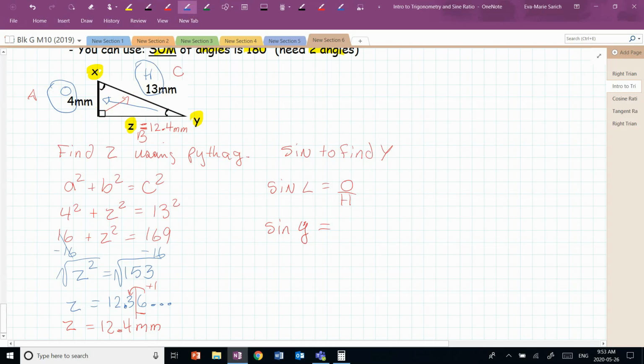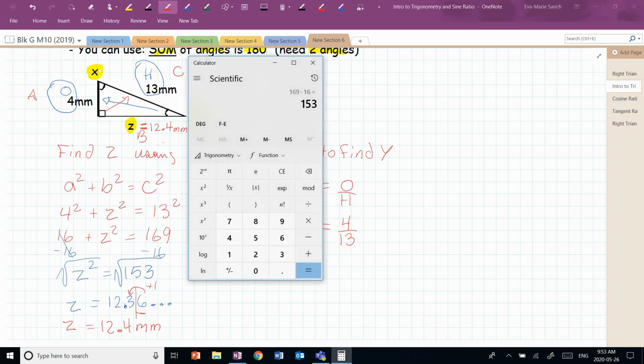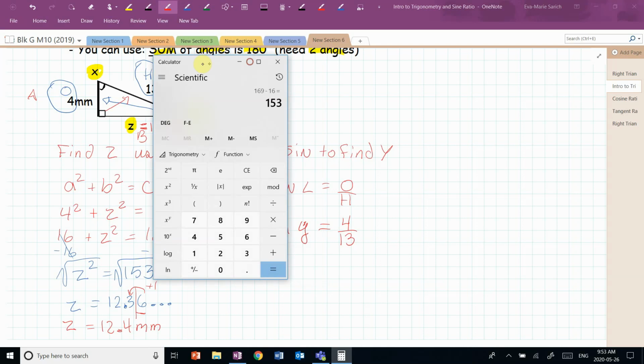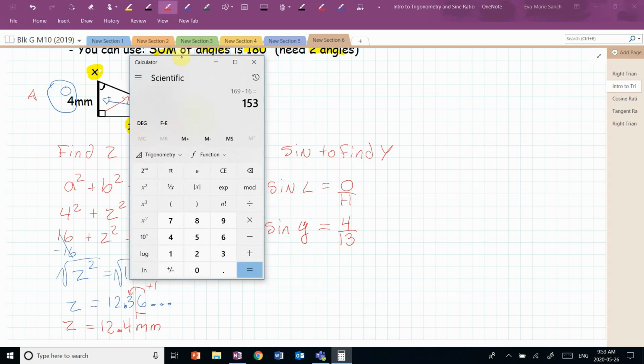So putting that into our formula, opposite is 4, hypotenuse is 13. Now simply take your calculator, clear this, and go 4 divided by 13.